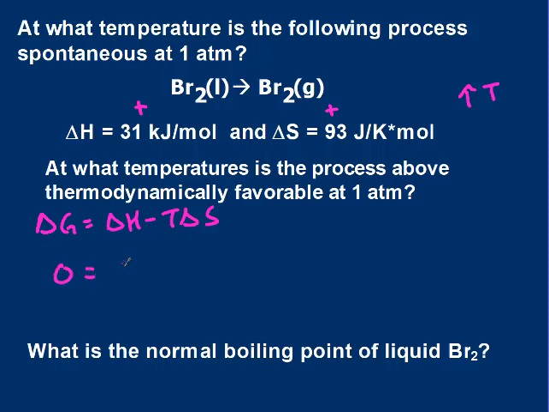So 0 is equal to 31 minus T times 0.093 kilojoules. Because again, we have to convert our joules to kilojoules.